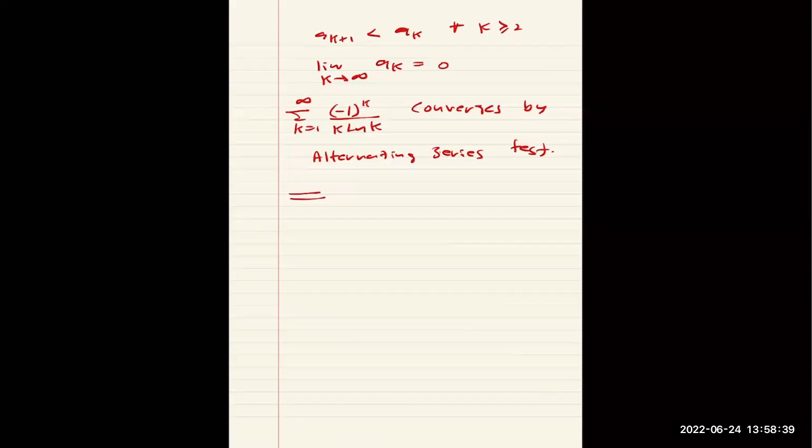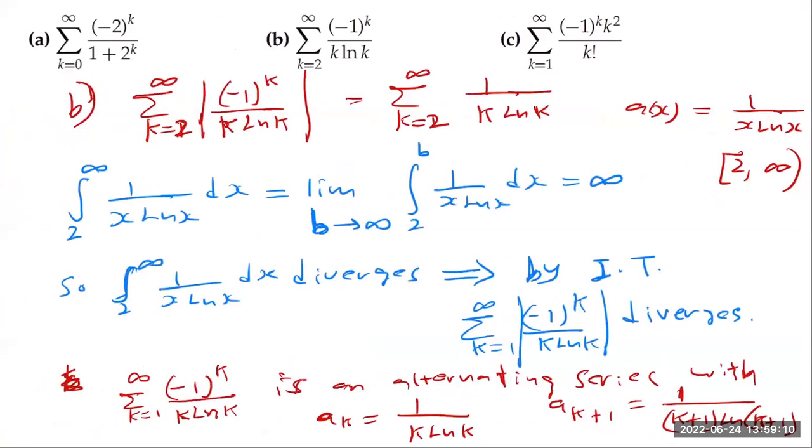The conclusion is that the series sigma k goes from 1 to infinity of (-1)^k divided by k times ln k is a conditionally convergent series. That's the conclusion. All right, that completes that example, and I will leave the third part as an exercise, which is very similar to what we did here.